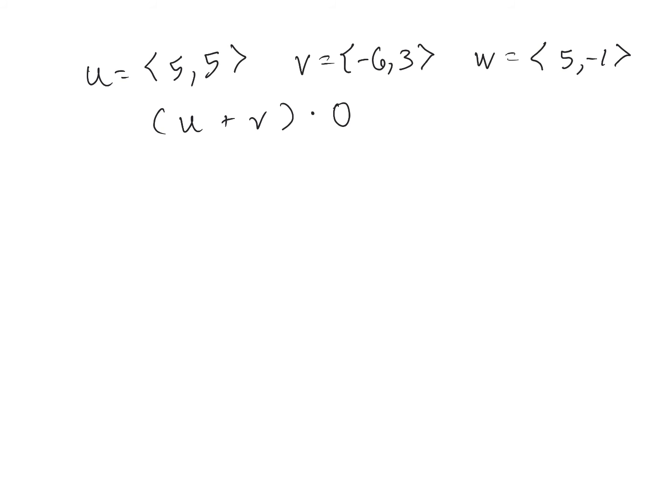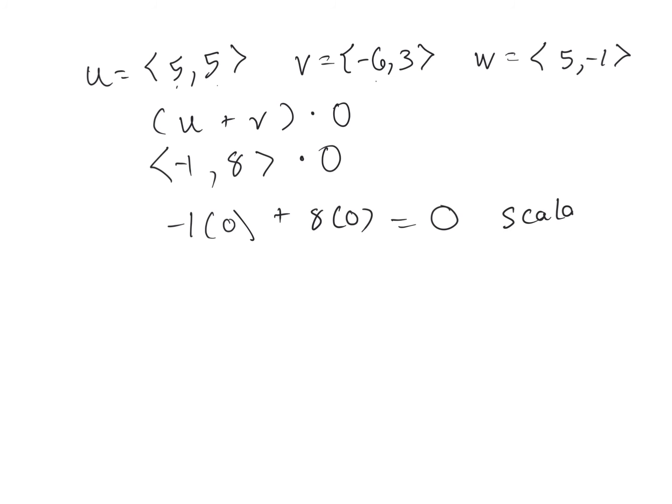Well, we have to add u plus v first, the components. 5 plus -6 gives me -1. 5 plus 3 gives me 8. Dot product 0, well, that is just -1 times 0 plus 8 times 0. Isn't that just 0? Our answer is just 0, and it's a scalar because it's only one number.